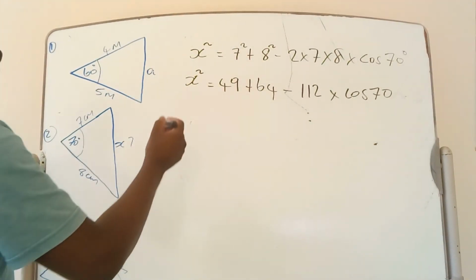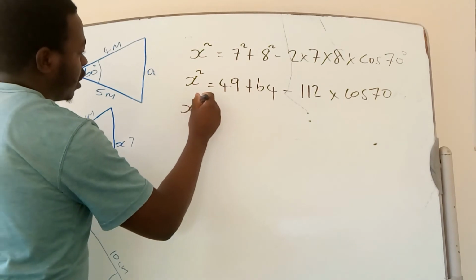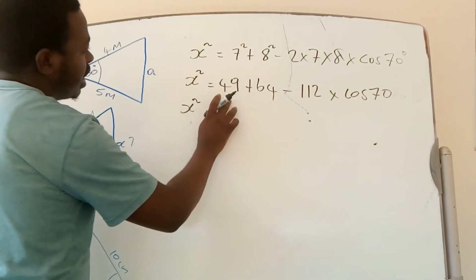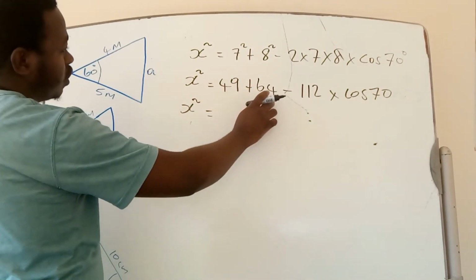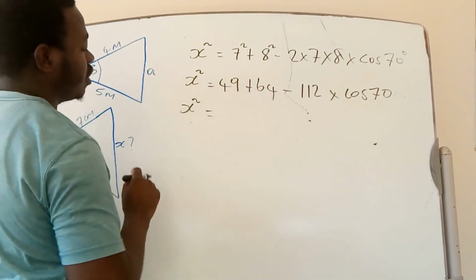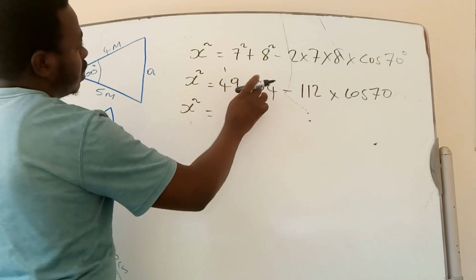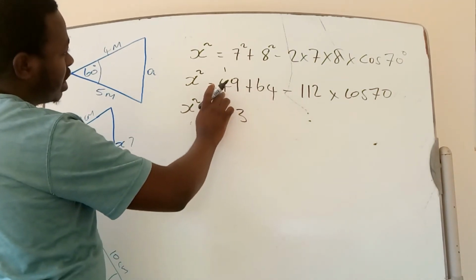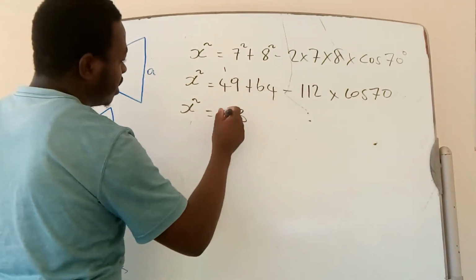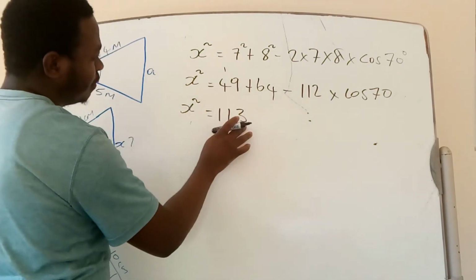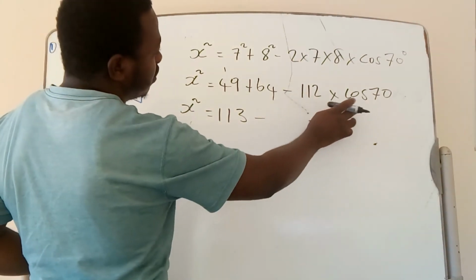Now x squared is equal to 49 plus 64, which is 113, minus 112 times cos 70.